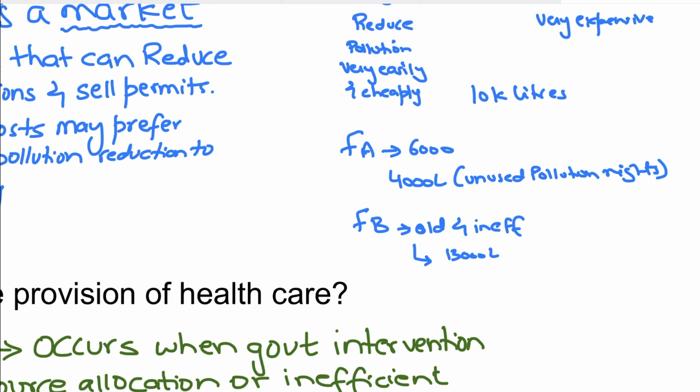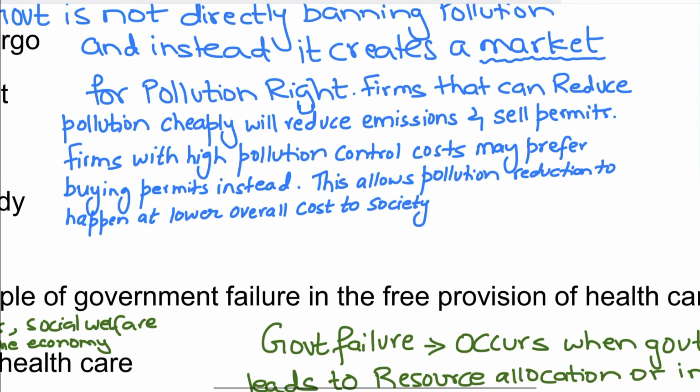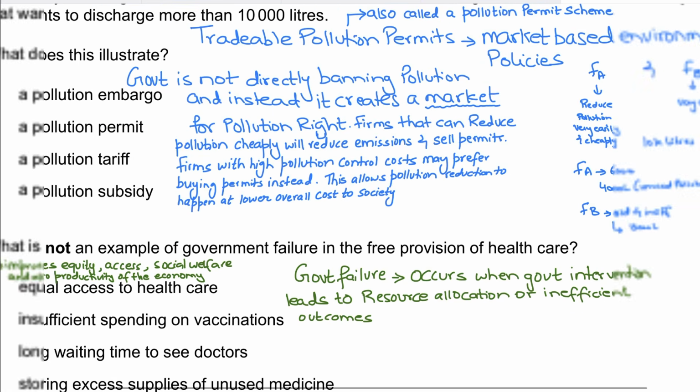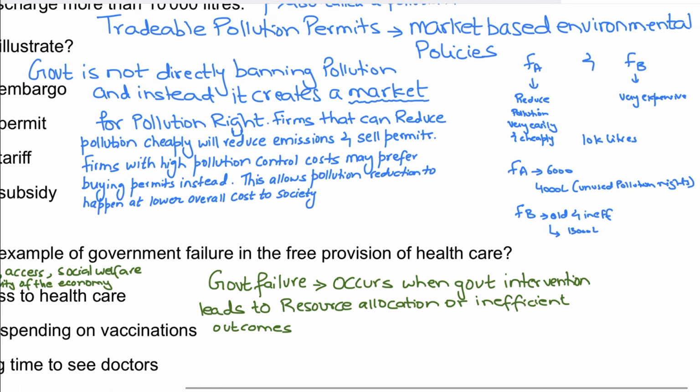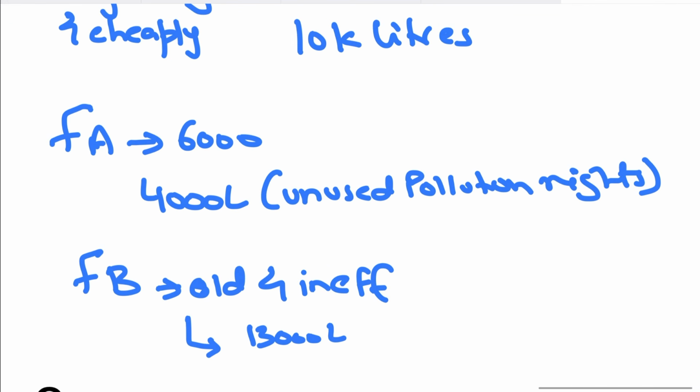Because now pollution becomes something the firms could trade, buy and sell, and this is efficient, right? That's why in one of the MCQs they tested this, because it's efficient, because it allows pollution reduction to happen at a lower overall cost to society. And suppose reducing pollution for factory A cost only $100.